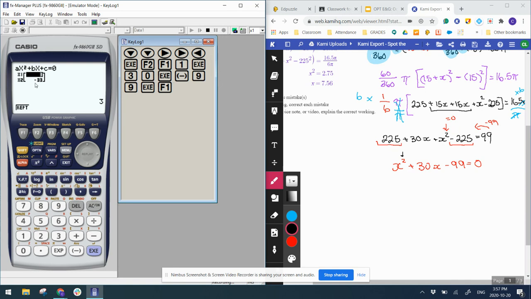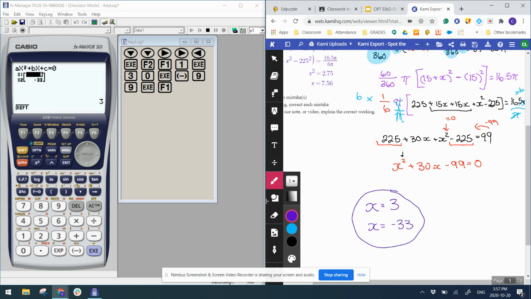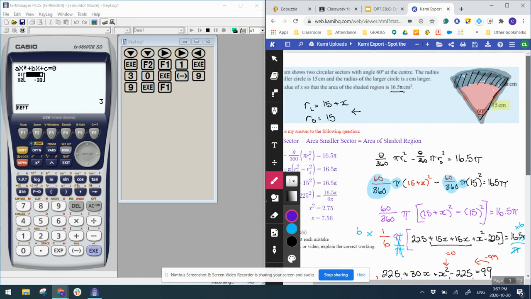And you can see it gives us our two values of x. So x equals 3, or x equals negative 33. However, only one of these really makes sense, because if this was negative 33, then our circles don't exist, because negative 33 plus 15 is going to give me a negative answer.